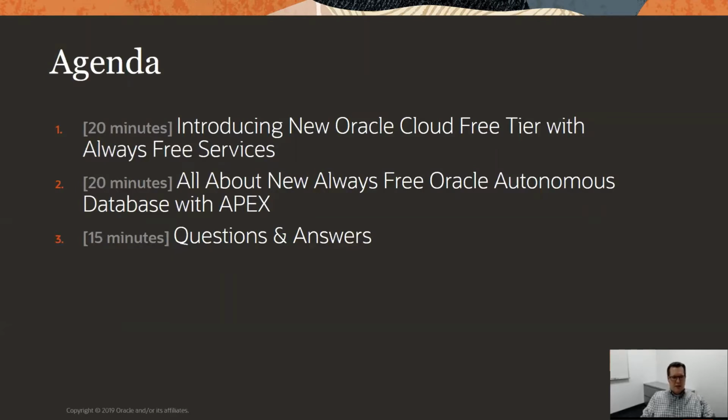I divided this up with 15, maybe 20 minutes on the free tier generally, some important characteristics of it to know and to be aware of, some things that you can do with it, use cases and some tips and best practices and so forth. And then about 15 or 20 minutes all about new always free autonomous database with Apex. We'll get into some tips, best practices, and a fair amount of detail on that topic as well.